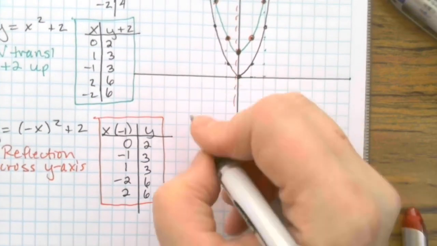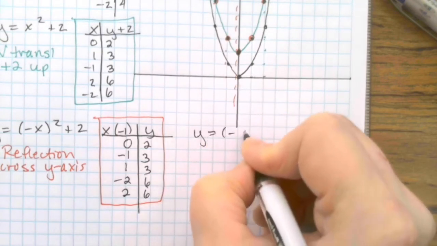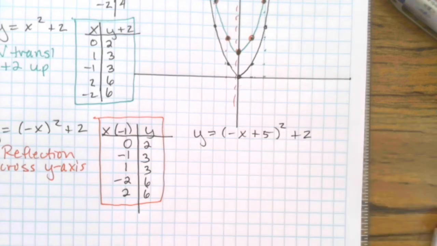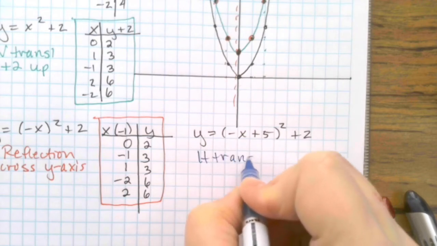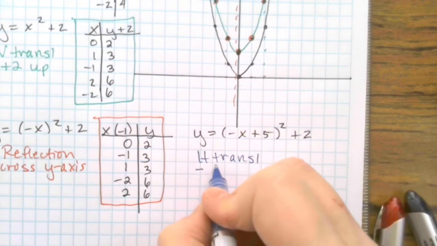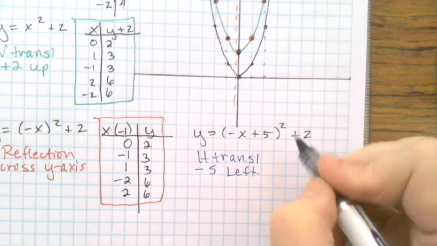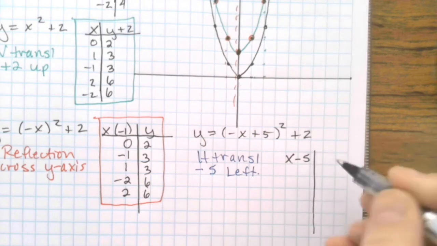Okay, our last one, we're going to do the translation in the horizontal direction. y equals (-x + 5) squared. So this is a horizontal translation. And remember, it's always the opposite, so 5 to the left. So we're going to take our x values and subtract 5.